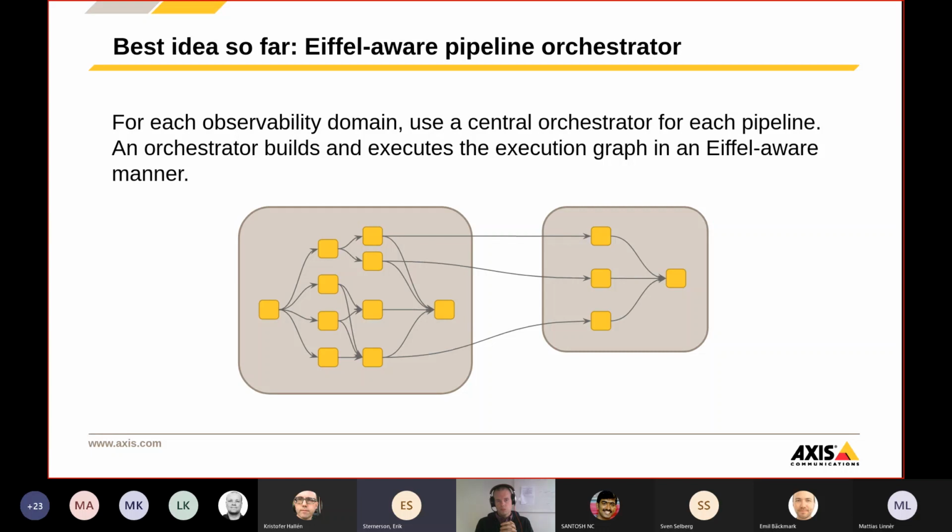I can also mention that Volvo Cars has what I would define as an event triggered system. They have a message bus and a vocabulary, which is quite a lot simpler than Eiffel, so really generic.